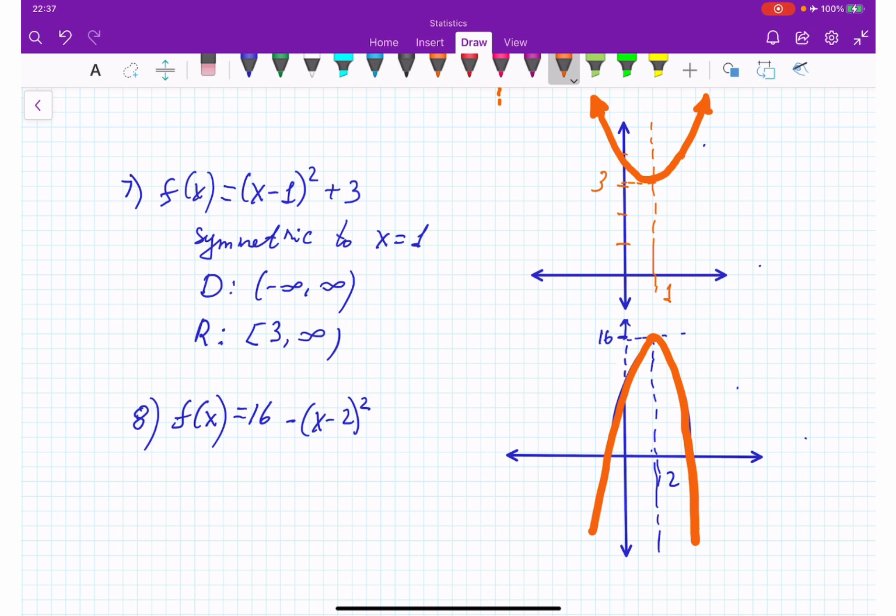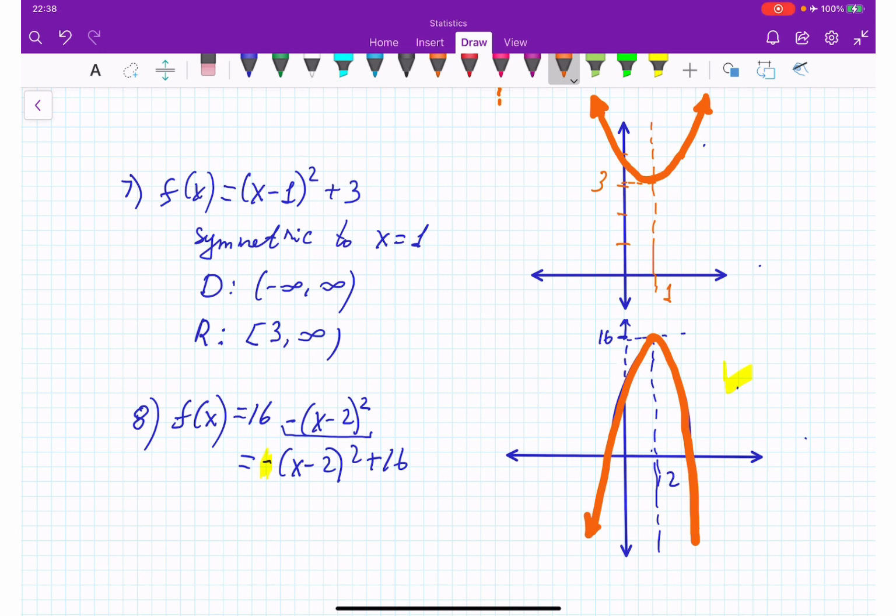All right. So let's justify this equation, see if it's matching this graph or not. So I'm rewriting negative x minus 2 squared first, and then plus 16. The fact that I have a negative here shows that indeed the graph is flipped down, right?